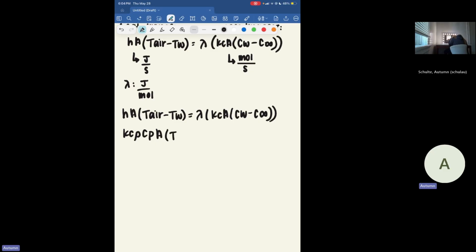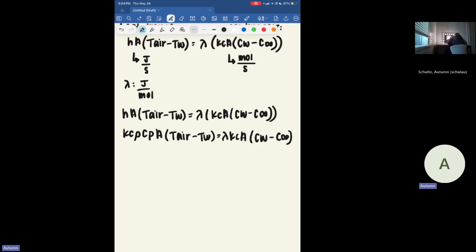And then, of course, we have our change in temperature from the air to the water equal to our enthalpy of vaporization multiplied by the mass transfer coefficient multiplied by the area multiplied by the change in the concentration from our water to infinity.